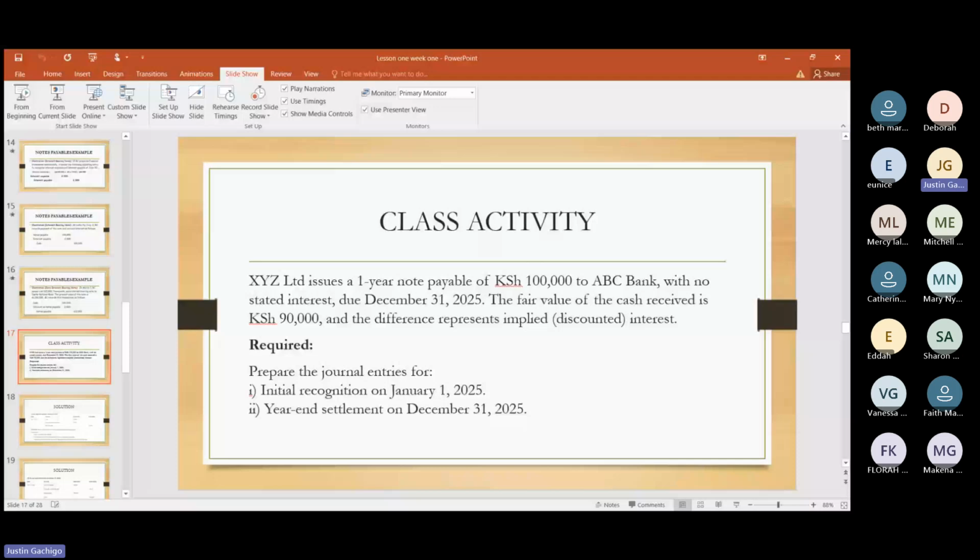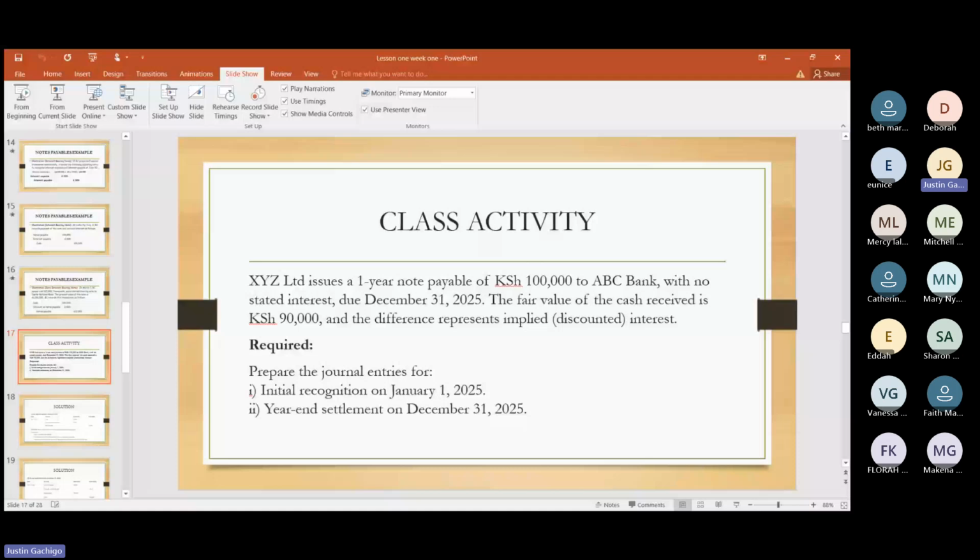What I have said is that if you are given this kind of a question, ask yourself, what is being created here? So this money which is being received, the first thing, just debit cash or bank with 100,000. But now in this case, he received 90,000.